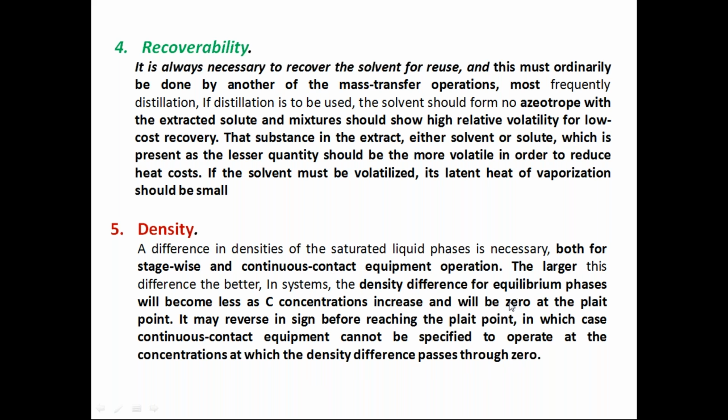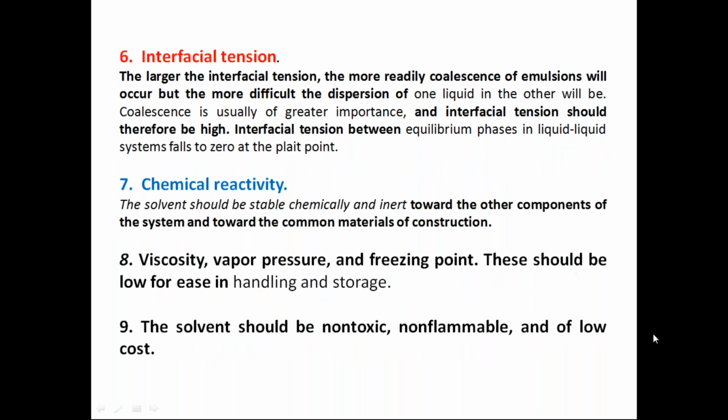So at the plait point, the density difference will be zero. Therefore, it is not possible to separate the organic phase and aqueous phase, or raffinate and extract phase. When the C concentration increases, the densities of the two phases come nearer, and at the plait point they will be equal. So you should take care of that.